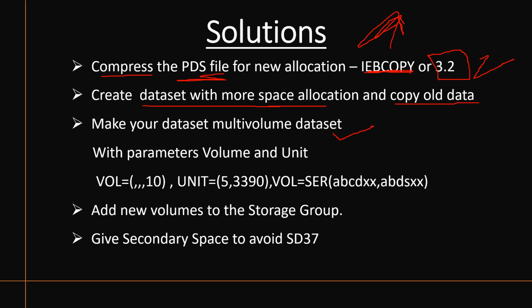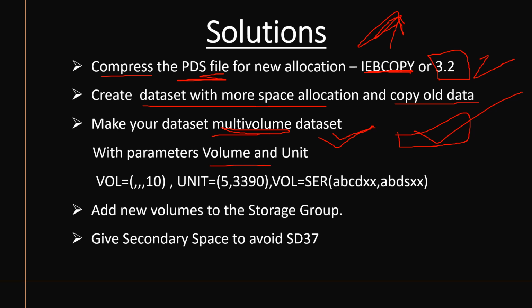In the same way, there's another solution related to the volume. As I told you, end of volume, when there isn't enough space in that volume, the data set will give you SE37. Make it a multi-volume data set. If the application allows a multi-volume data set, make it multi-volume by using a volume parameter and a unit parameter.